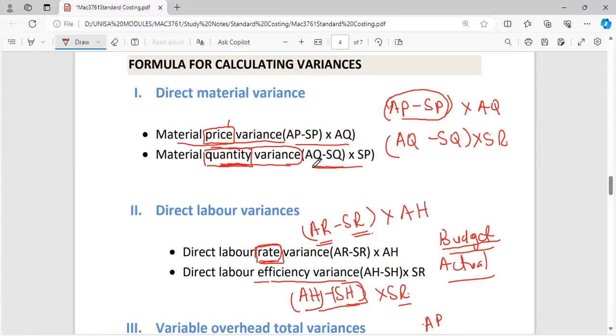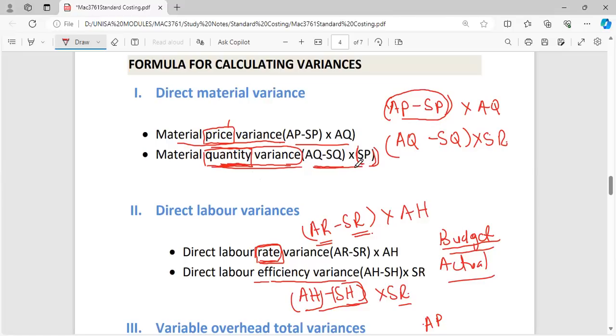So in the material usage variance, we determine it based on the standard price. So we look at the standard price when determining the material usage variance, because material usage variance focuses on the standard price.